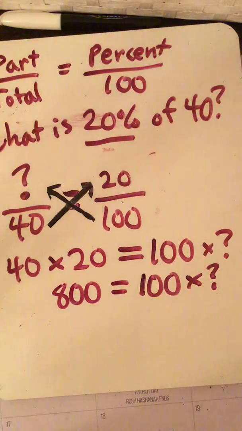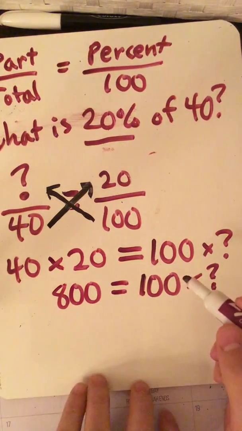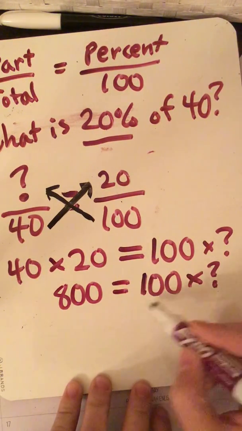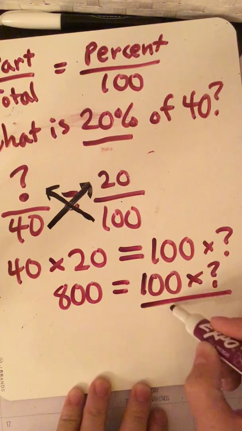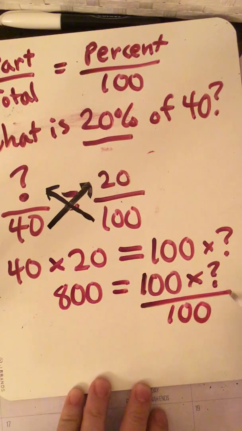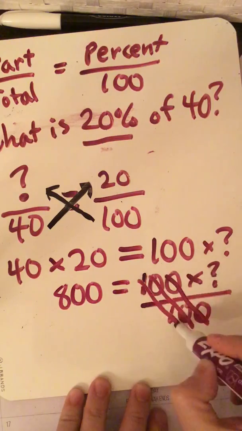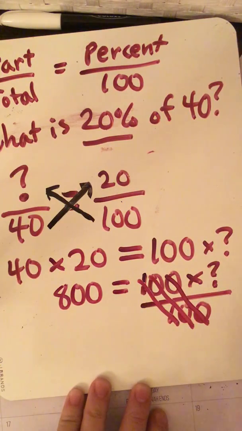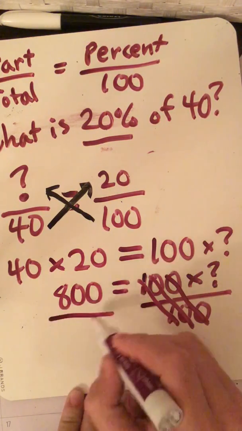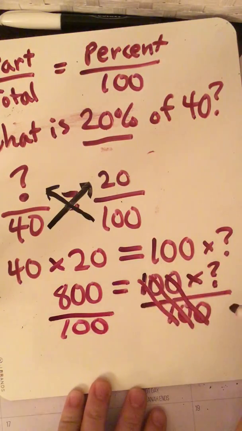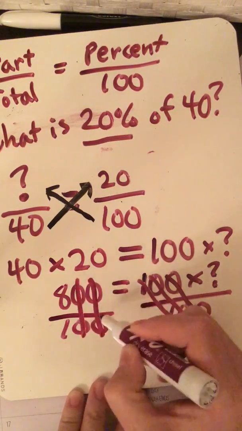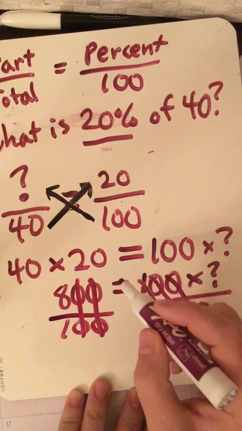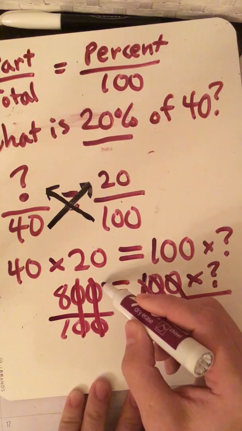So real quick, and I do mean quick, how do we undo multiplication so that we can get the question mark by itself? We divide, and we divide by 100. If I do it to this side, I have to do it to that side, so 800 divided by 100. I can cancel these zeros out because I divided this top number by 100.